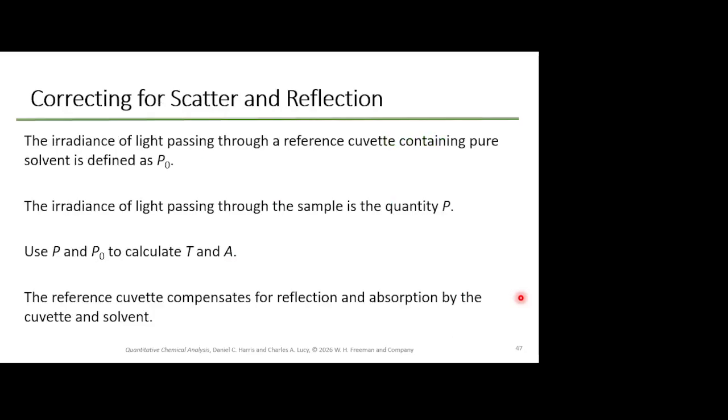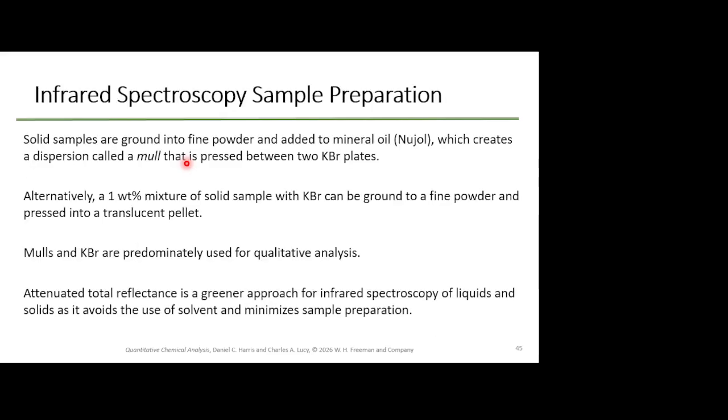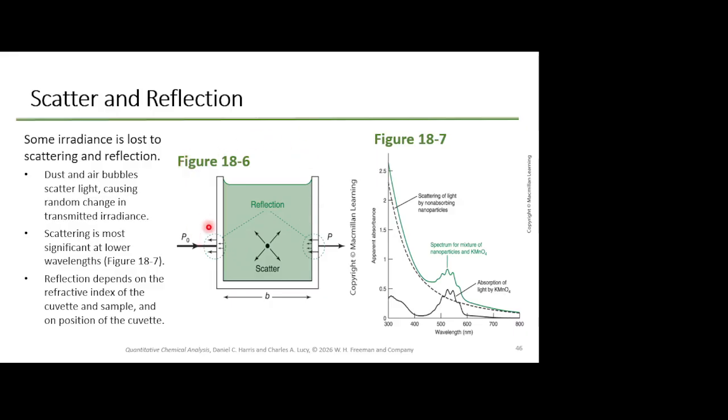It is something you really need to understand, though. So the irradiance of the light that passes through a reference cuvette, we're going to measure that with pure solvent. That's typically denoted as P0. Basically what we're doing here is taking this incoming power and correcting it with the background by using this cuvette with the same solvent we're going to use.